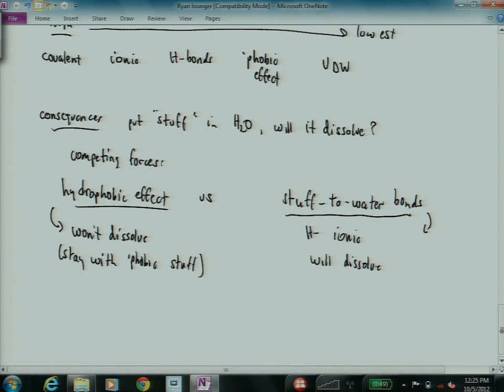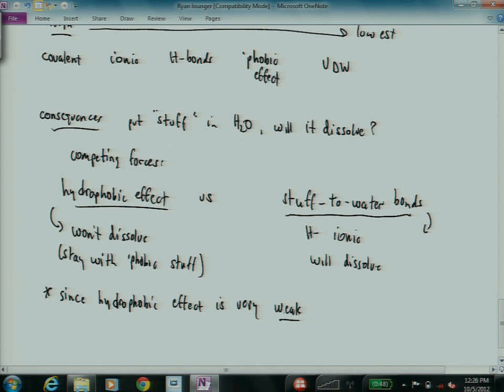So some things it's clear, but what if you have a molecule that has some mixed characteristics? How do you decide? Well, one of the things is, and this is what the warm-up is about for Wednesday actually as well, the hydrophobic effect is very weak.